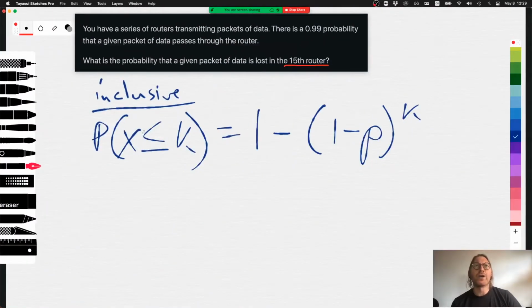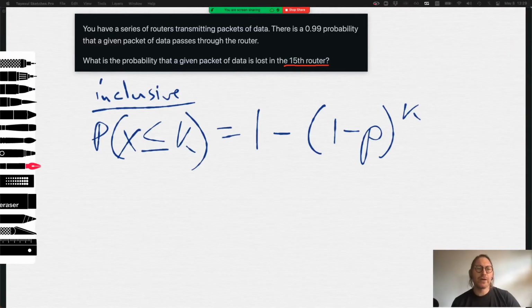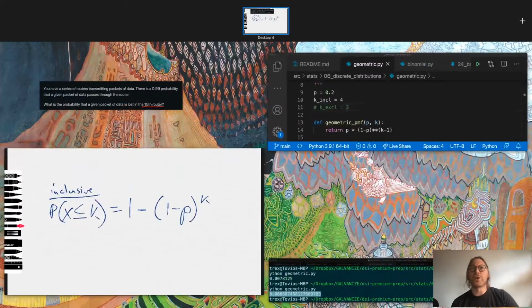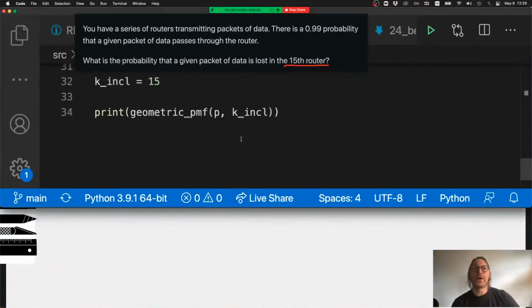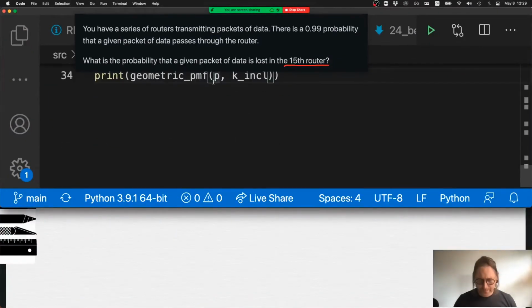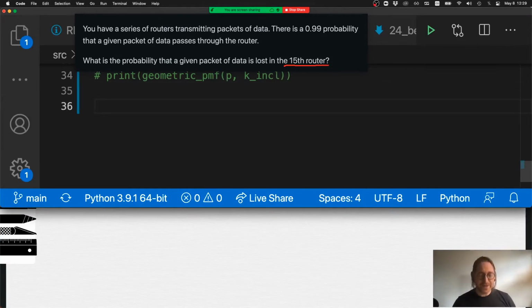But you're going to code the Geometric Cdf. And let me just give you a little starter code down here. And I'll paste this in. So def Geometric Cdf, and this will be the inclusive form. And you need probability and k high, right?